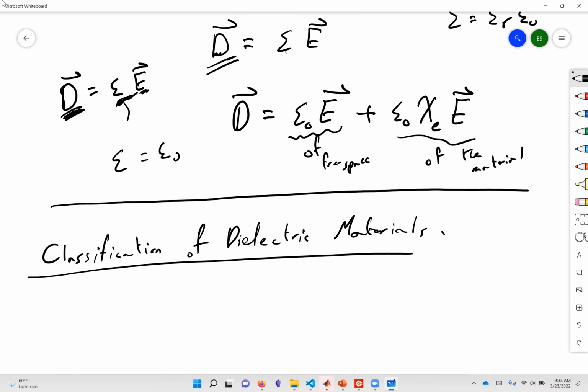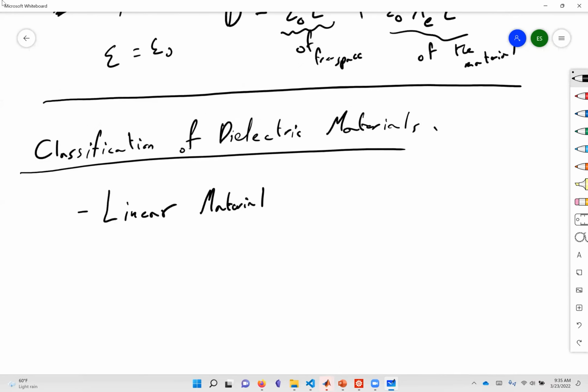The classification depends on the behavior of epsilon. So we can classify materials as linear. What do we mean by a material being linear?